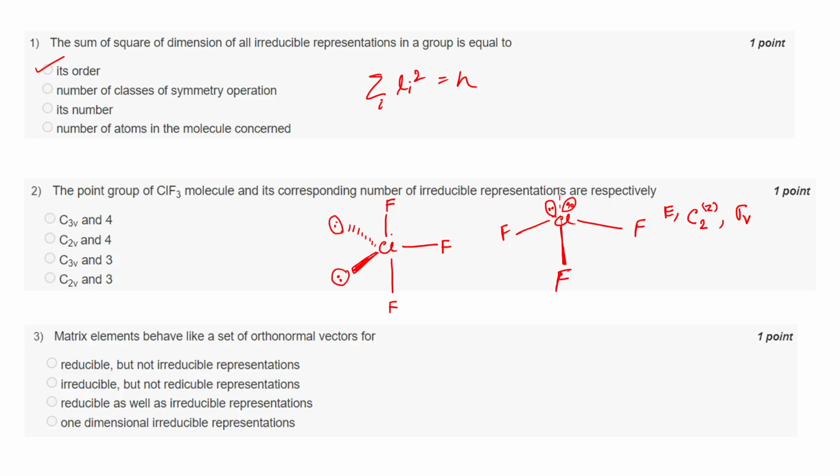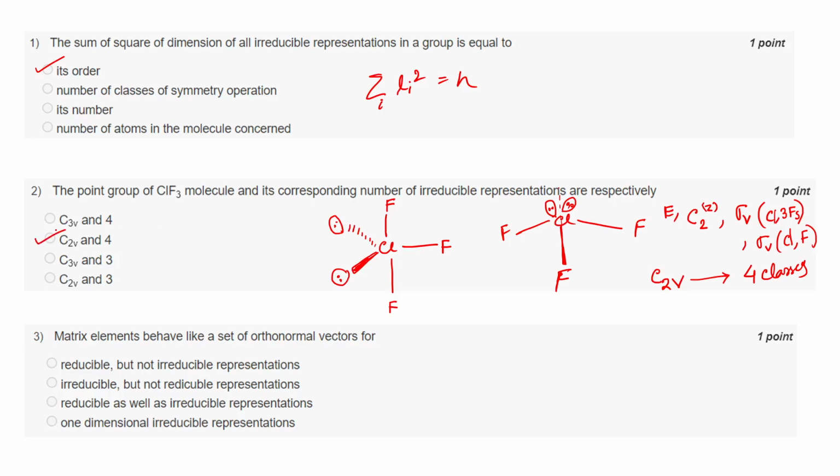The first sigma v has all three F. Another sigma v contains chlorine and only one of the fluorines. So it is actually the C2v point group, and if it is C2v, how many classes are there? Four classes. So if four classes, how many irreducible representations? Four. So this is the correct answer.